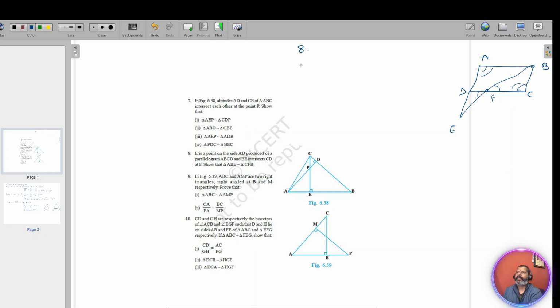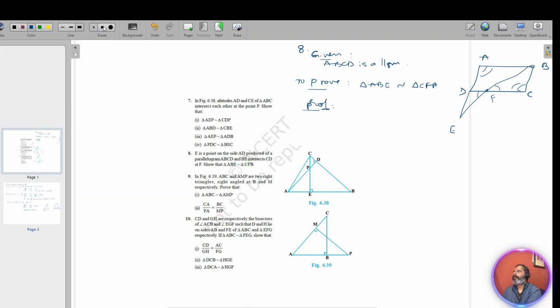Okay, let's see. Given, what is given? ABCD is a parallelogram. To prove, what is to be proved? Triangle ABE similar to triangle CFB. Proof.